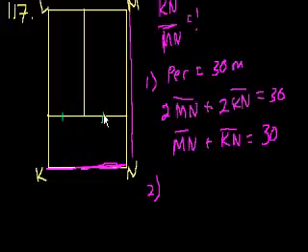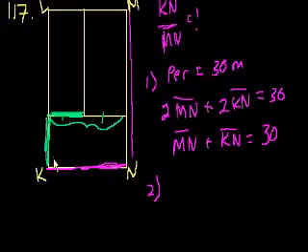And if this distance and this distance are the same, then this distance right there is twice this distance. How did I get that? Well, this distance is twice each of these distances, right? This longer side of this horizontal rectangle is twice this, and this is the same thing as this.